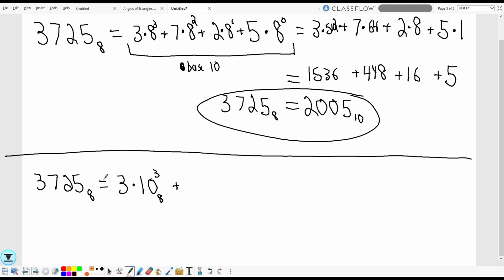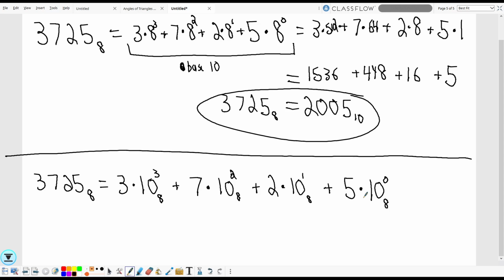Plus 7 times 10 to the second power in base 8. Plus 2 times 10 to the first power in base 8, plus 5 times 10 to the 0th power base 8.